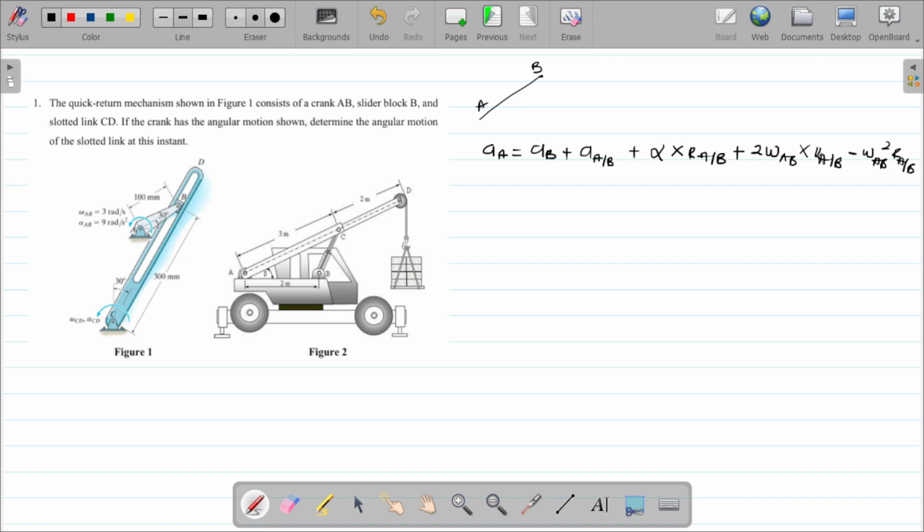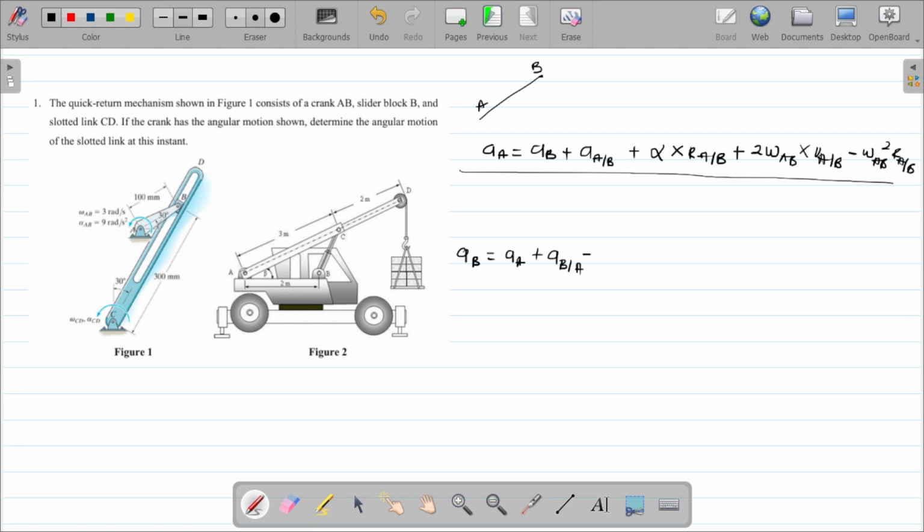So this time, just as we did for the velocity, I'm going to compare B to A. So acceleration of B is equal to acceleration of A plus, because I'm comparing B to A. Don't forget, this is a general term when we are comparing A to B. So acceleration of B will be equal to acceleration of A plus acceleration of B with respect to A. That is the relative acceleration due to translation.